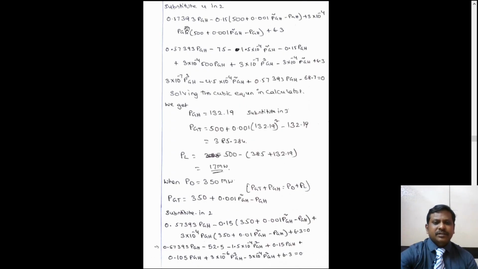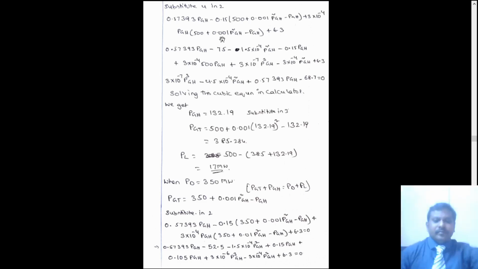Substituting 4 in 2, you will get this equation, a cubic equation.